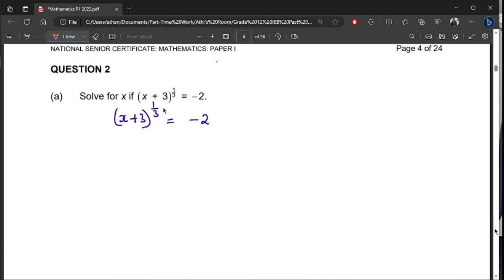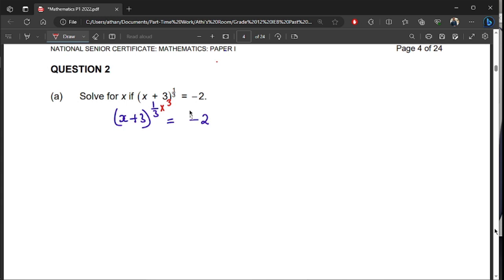In order to get rid of the exponent 1 over 3, we just have to multiply the exponent 1 over 3 by positive 3. So what I'm trying to do here is make the exponent that affects x equal to 1.